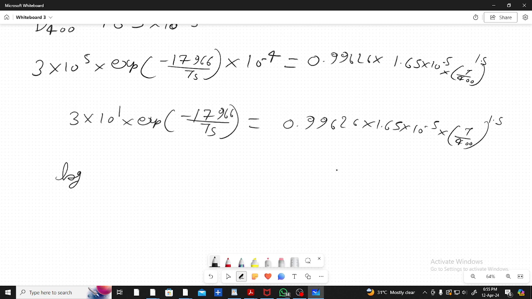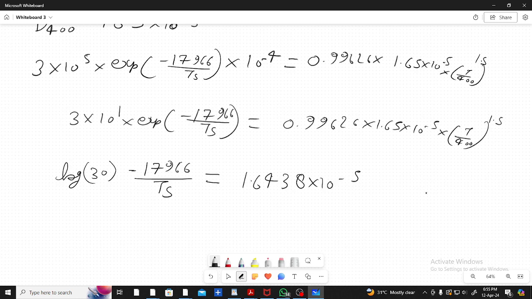Log 30 minus 7966 upon Ts is equal to 0.9962 into 1.65 into 10 to the power minus 5, so it will be 1.6438 into 10 to the power minus 5.